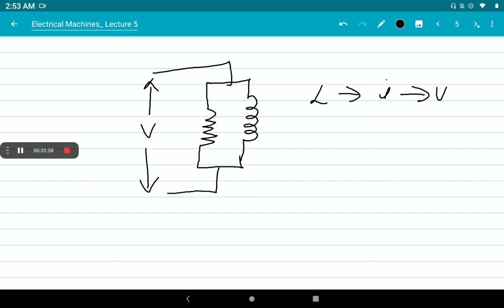Voltage effect is the same, so we can represent it as a parallel connection. If elements depend on current and the current is the same, we represent the circuit as series. If the voltage is the same, then we represent the circuit as parallel.